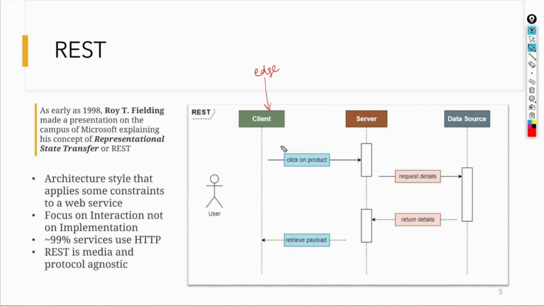There is a UI where a product button is there. Once you click, it goes to the server, and then the server requests the details from the data source, and the data source returns it back to the server. Then the server retrieves the payload, and the user will see the product or products, right?